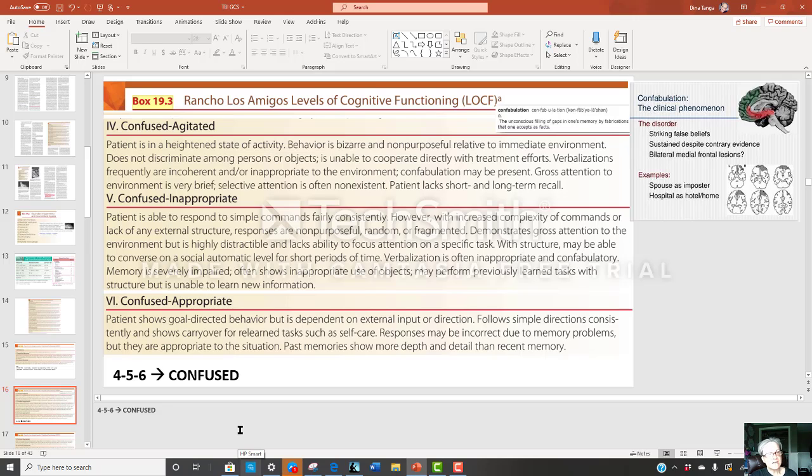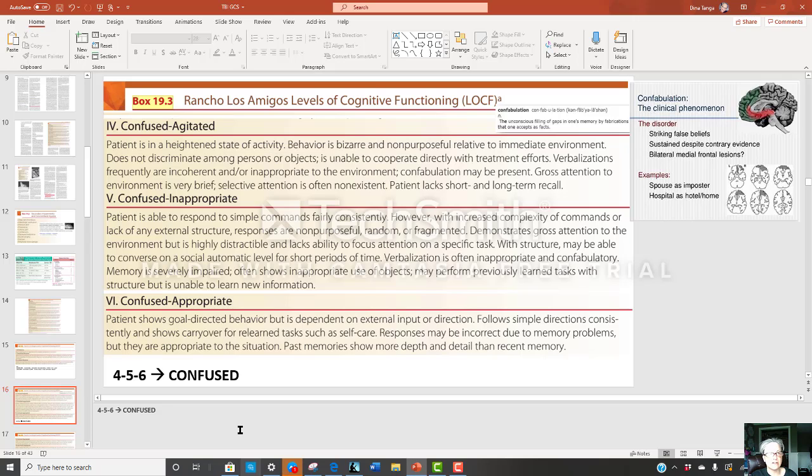Okay. Patient is able to respond to simple commands fairly consistently. However, with increased complexity of commands or lack of any external structure, responses are unpurposeful, random, and fragmented.